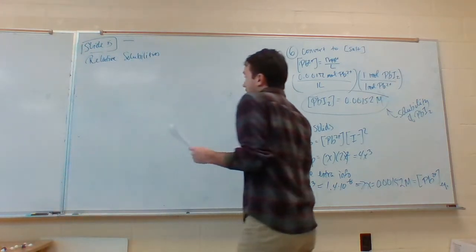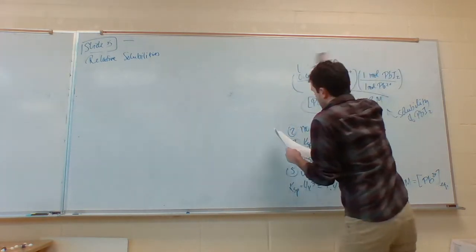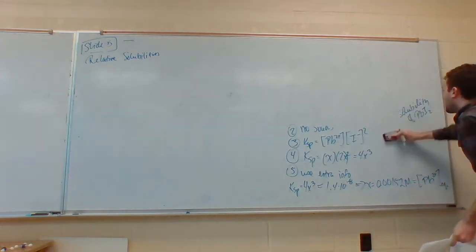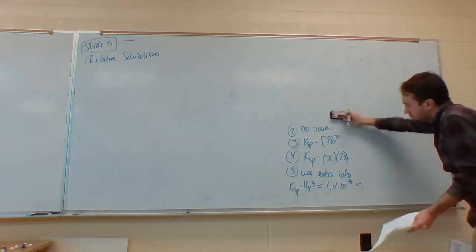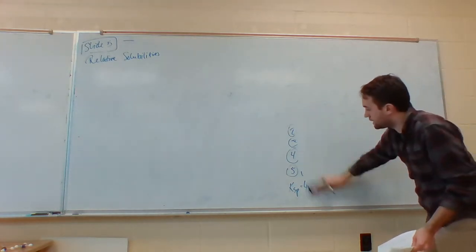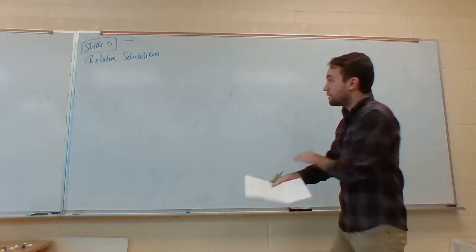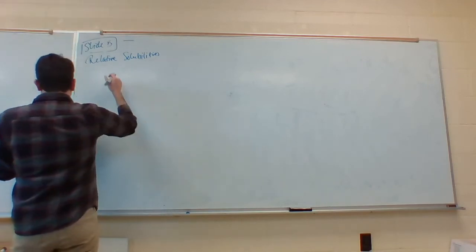Now, let's say that we want to know which of 2 salts is more soluble. Is sodium chloride more soluble than calcium molybdate? Well, yes, because sodium chloride is completely soluble. So that one was easy.